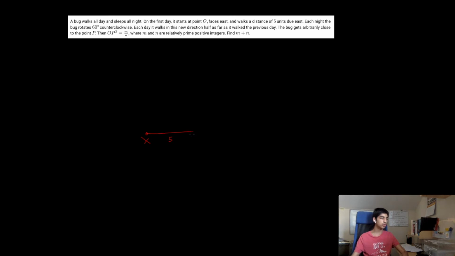So 60 degrees counterclockwise is just going to be like that. And seeing the 60 degrees, we think of 30, 60, 90 triangles. We can form one of these triangles by drawing this little base here, and then dropping this height. This is 90 degrees, which means that this is 30 degrees.